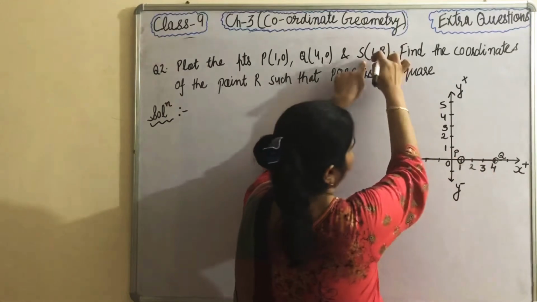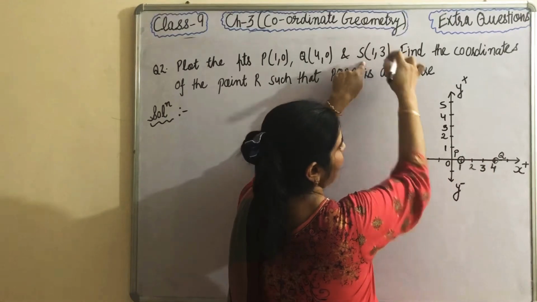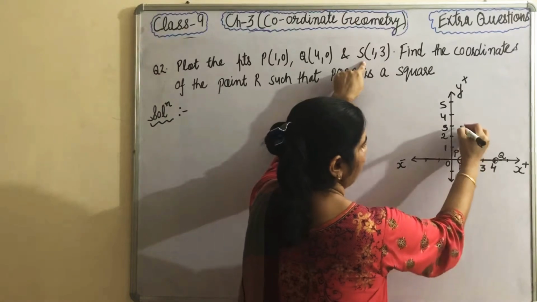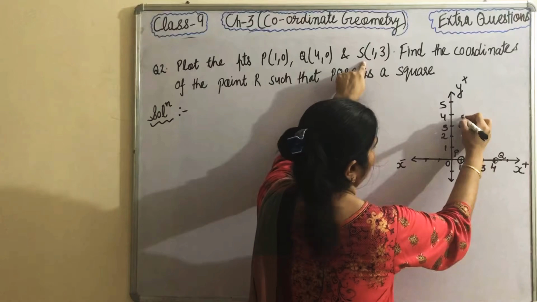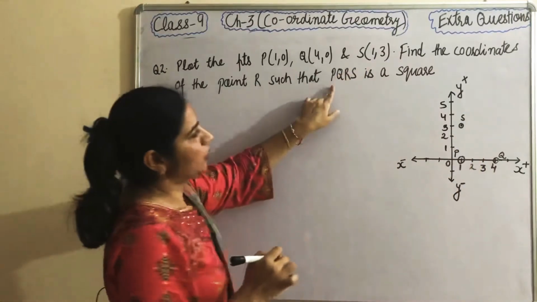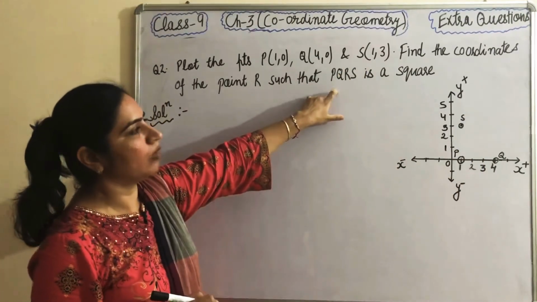For S (1, 3), the abscissa is 1 and the ordinate is 3. The name of the point is S, and the given condition is that PQRS is a square.